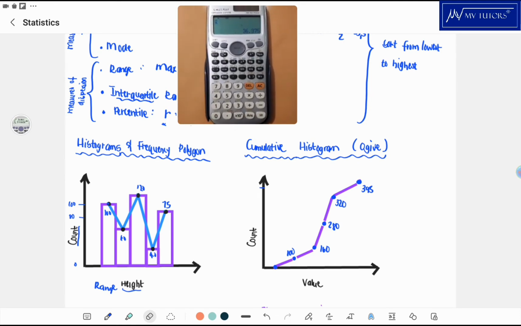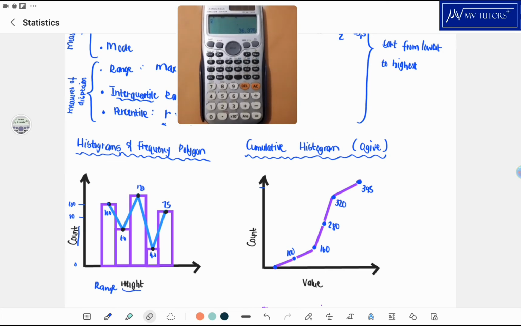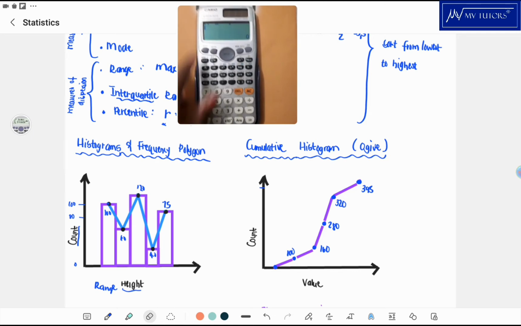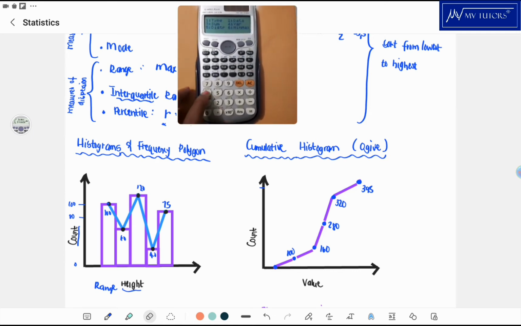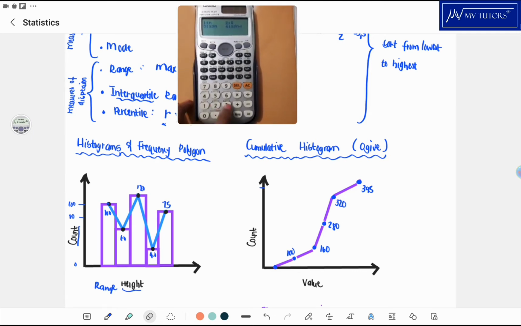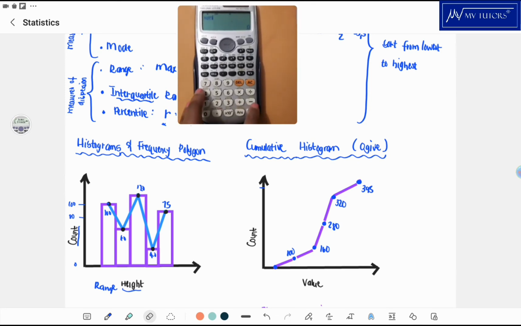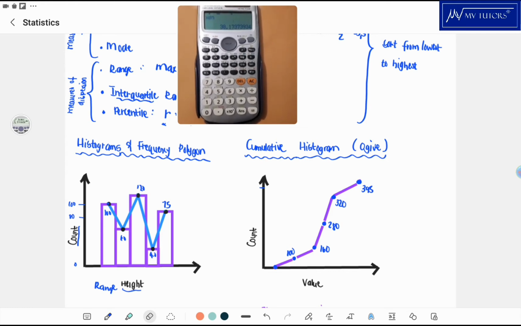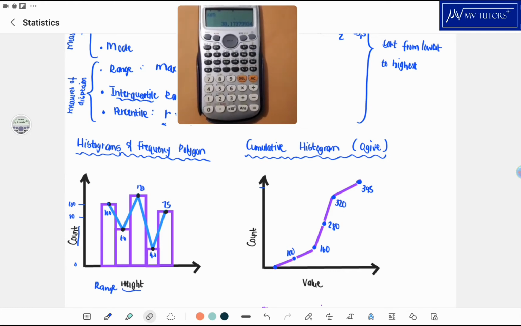It is 36.375. Then again shift 1, 4, and let's see what the standard deviation is. Remember our mean was 30-something and our standard deviation is 38.